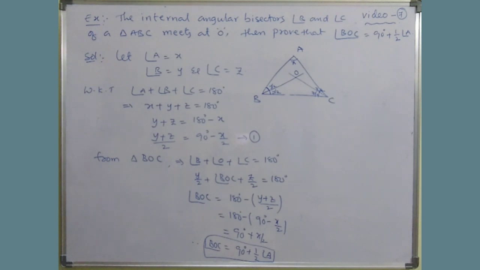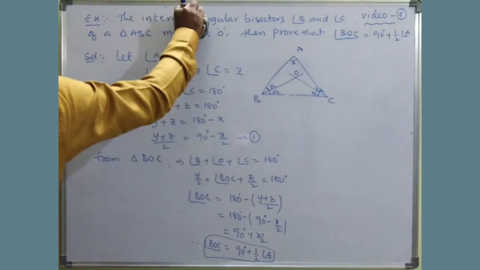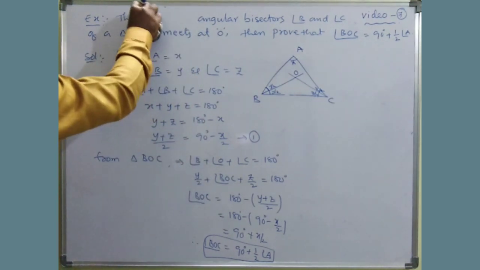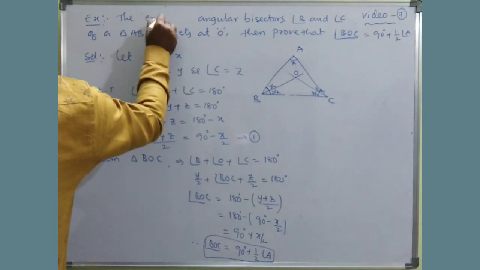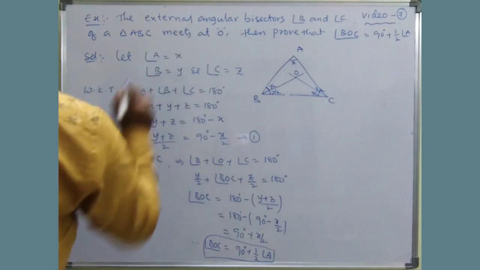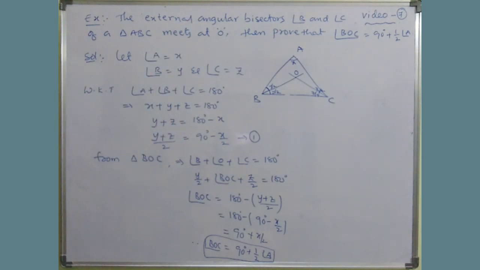In the same manner, next one. See, earlier with the internal angular bisector, no? Now, the external angular bisectors of angle B and angle C of a triangle ABC meet at O. Okay.